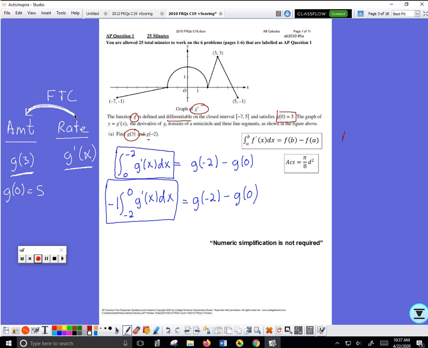So I know if you integrate the rate, you get the amount. Exactly. You actually get the change in the amount. And that's why I went straight to this in my notes. Because just what you said, Kenzie, if I integrate the rate, I get how much the amount changes from b to a. Correct.